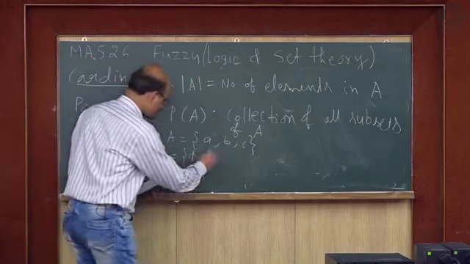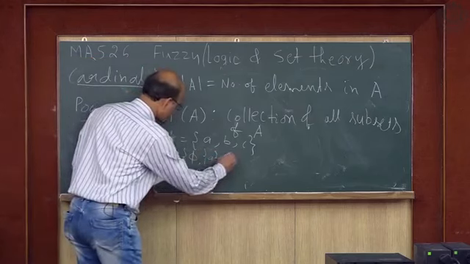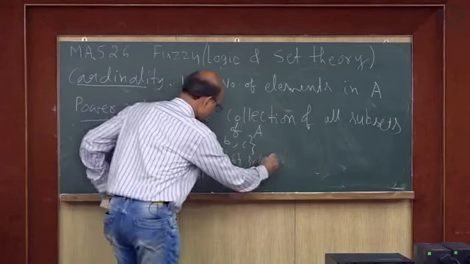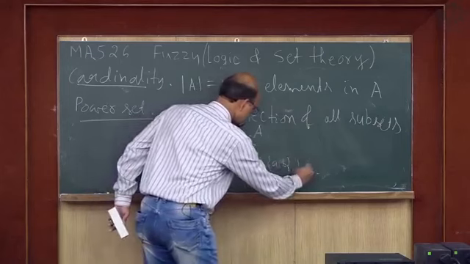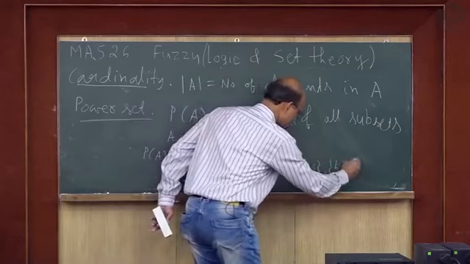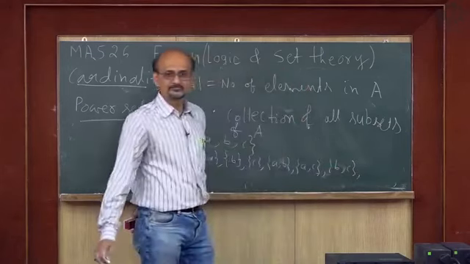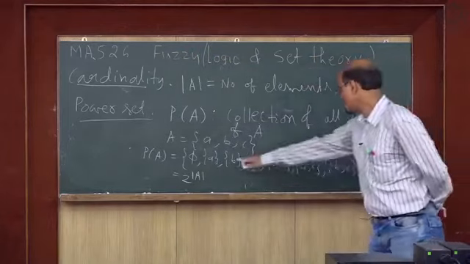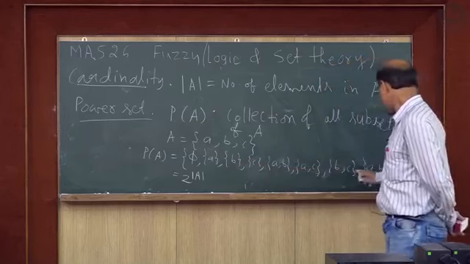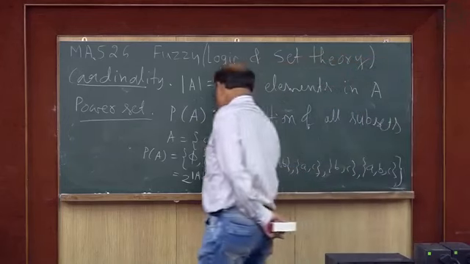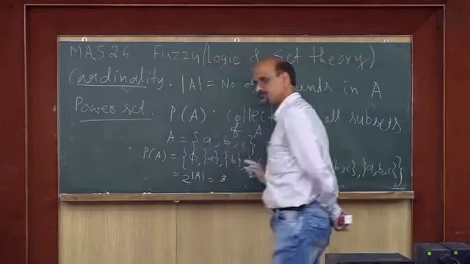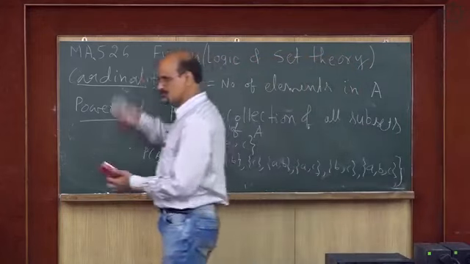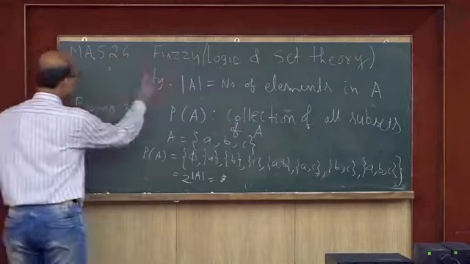Phi, A, B, C, then AB, AC, BC and ABC. So, we have 1, 2, 3, 4, 5, 6, 7, 8. So, we have 8 subsets. These will all be used in fuzzy sets also like this. Okay.